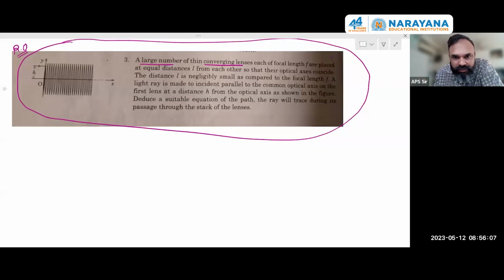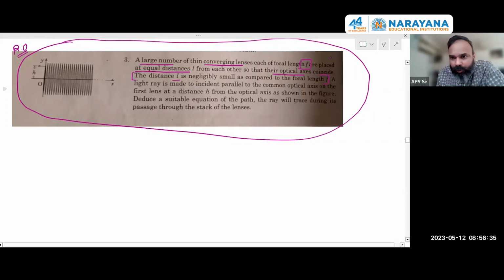So the thickness is small and they are distributed at a very small distance per unit length. All these converging lenses have a focal length of f. They are kept at equal distances of L from each other. L is very, very small, so that their optical axes coincide, and the distance L is negligibly small in comparison to the focal length.